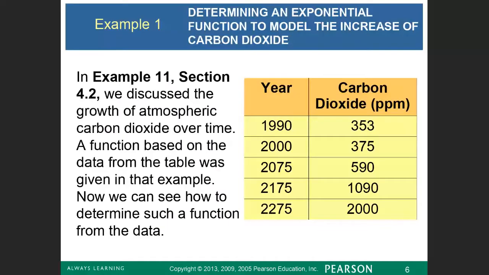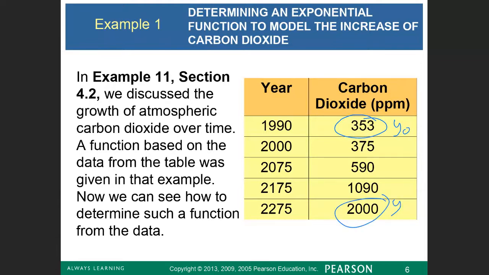Example. So you're given a table here, and given the table, the first column is your year, the second column is carbon dioxide in ppm. So I can assign here 353 as y sub 0, and I can also say 2000 is my y here.